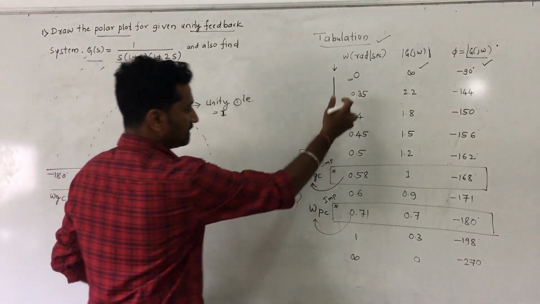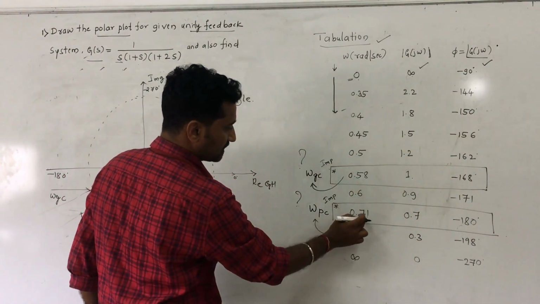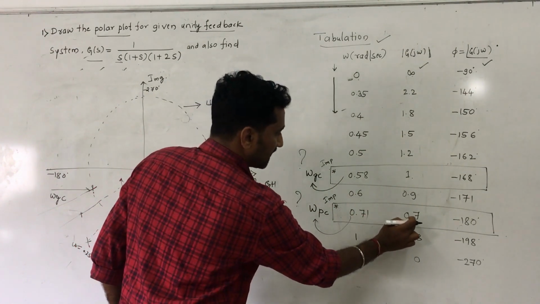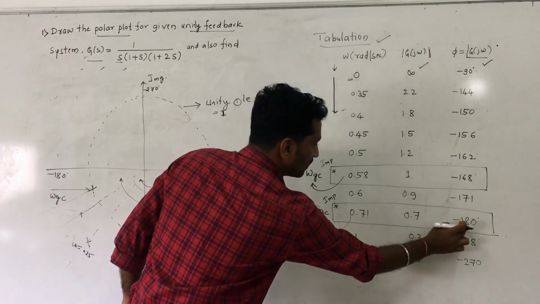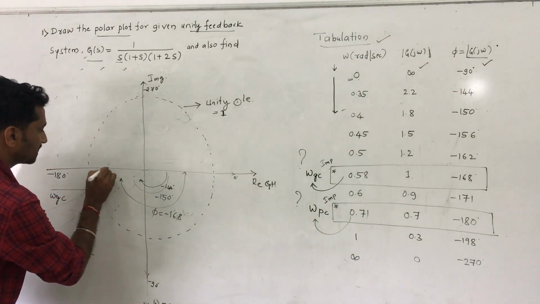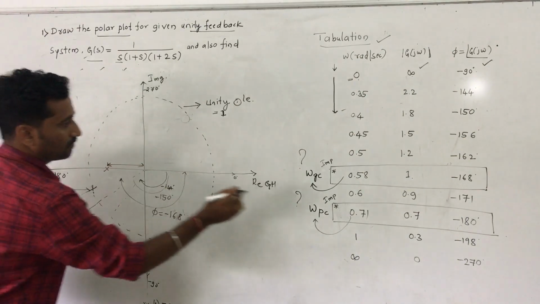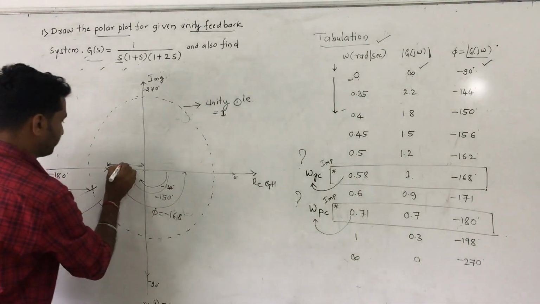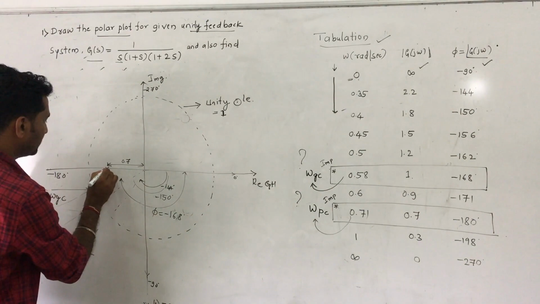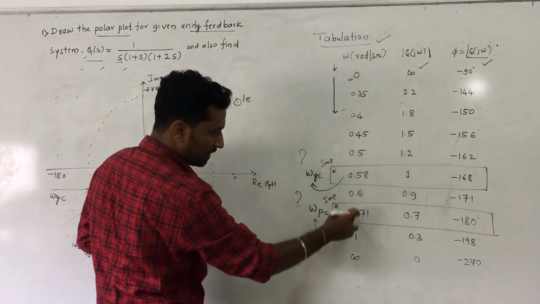Again, if I increase the value of omega, at this point, omega equal to 0.71, I am getting the magnitude as 0.7 and the angle is minus 180 degrees. Somewhere here, 0.7 means the magnitude is inside the circle, and the angle is minus 180 degrees.